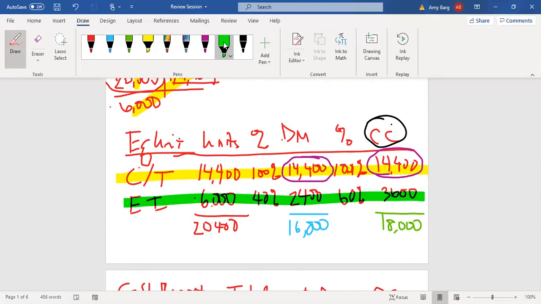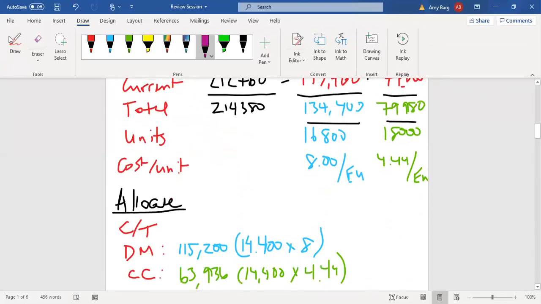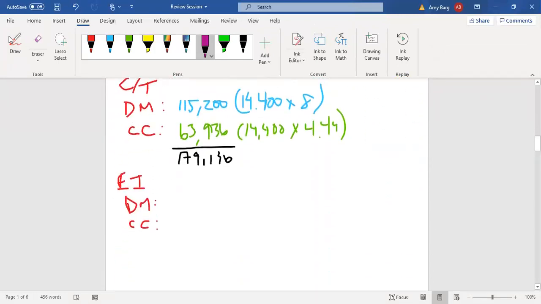So we see that there were 2,400 units that were completed for direct materials and 3,600 units that were completed for ending inventory. So for direct materials, there was 2,400 units, and we can multiply that by the same $8.